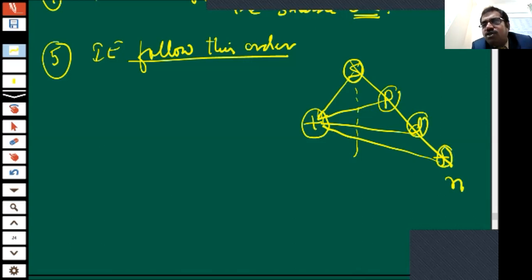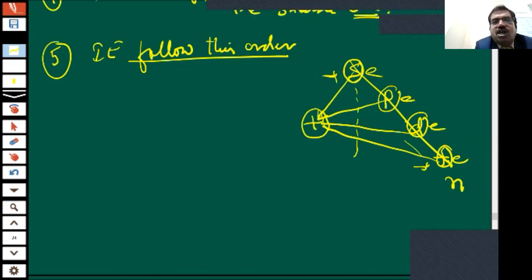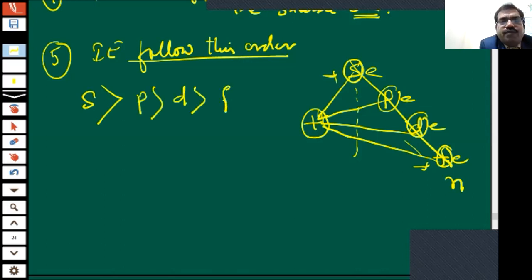Now tell me, out of S, P, D, F, electrons are all here, here, here, here. Which electron can we easily remove? Can we remove S or F? Tell me, respond. F, yes. We can remove an electron from F. That is, ionization energy follows this order: it requires more energy in S, then P, then D, then F. This is the order.